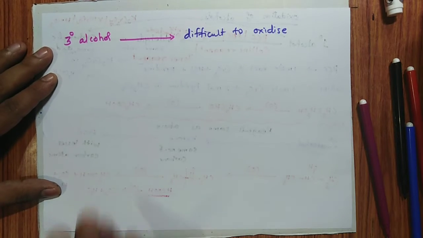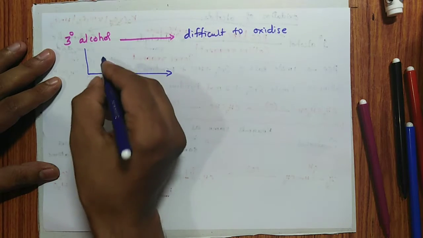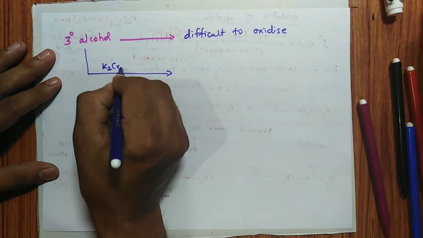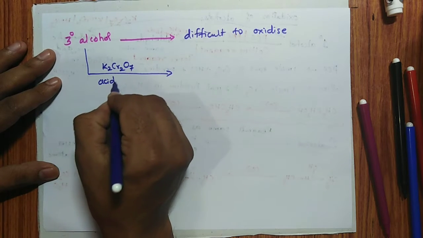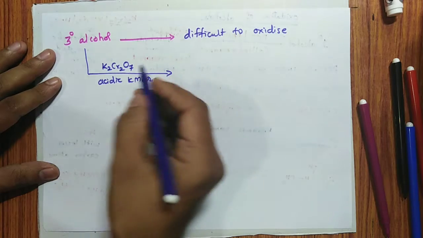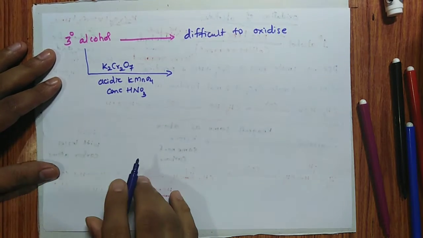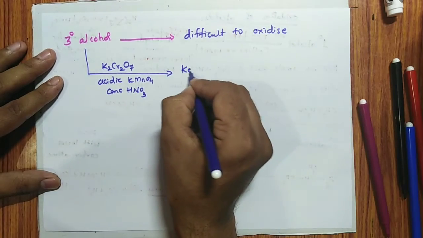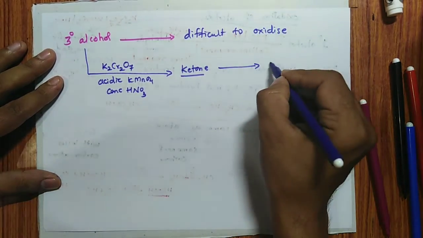Then what will we do? But the reaction is possible with potassium dichromate, or acidic KMnO4, or concentrated HNO3. You are going to get the ketone first, remember, ketone. Then it will get converted into acid.